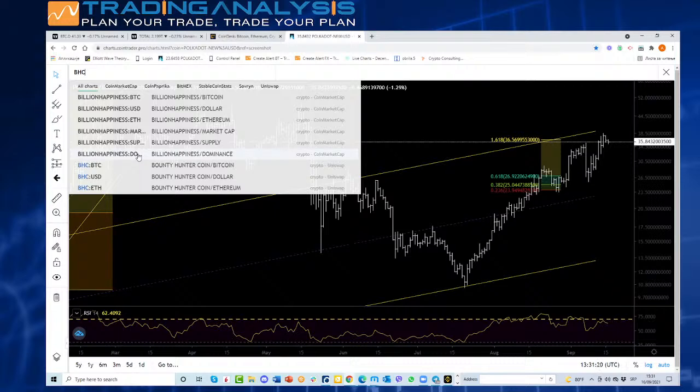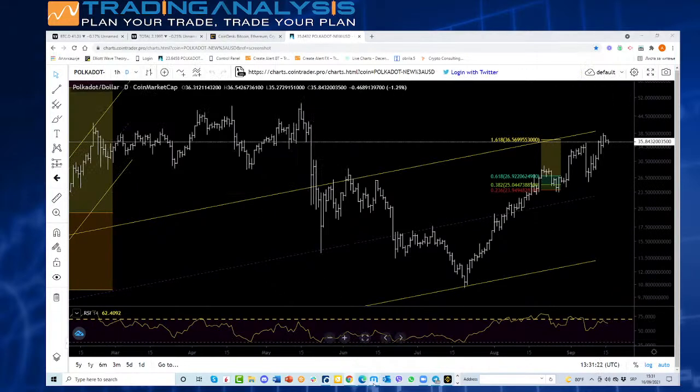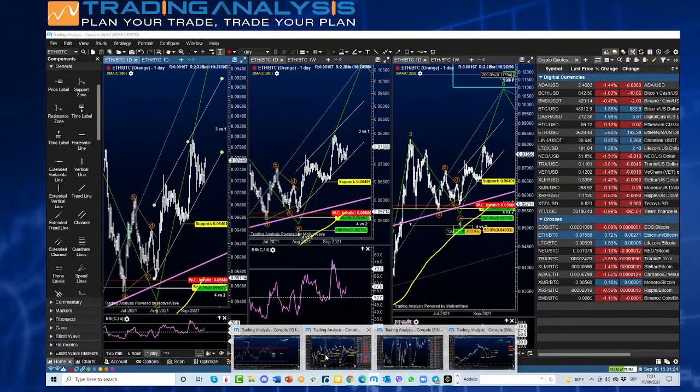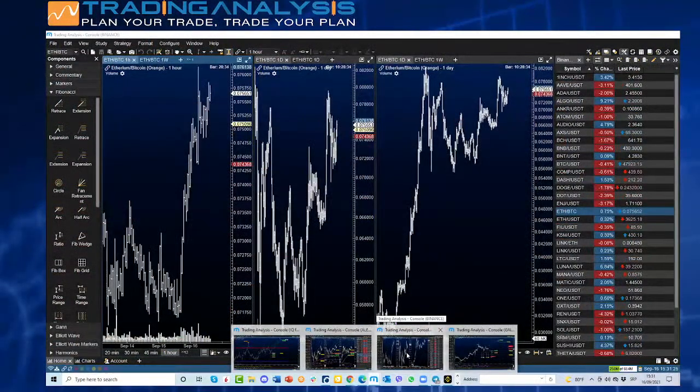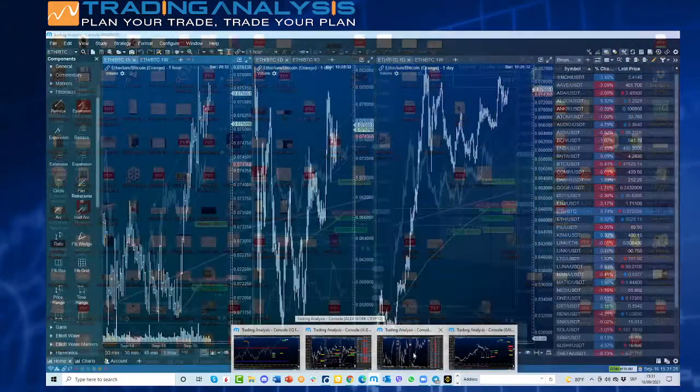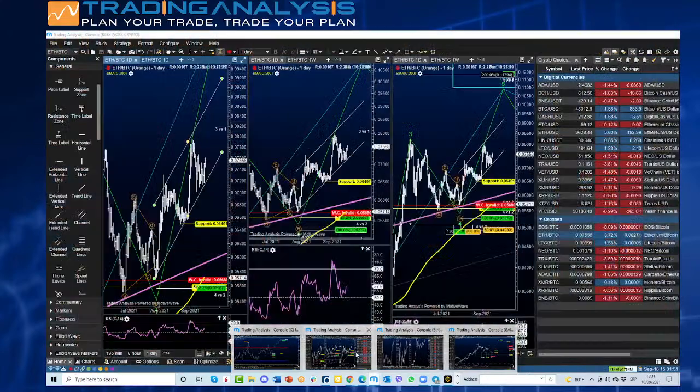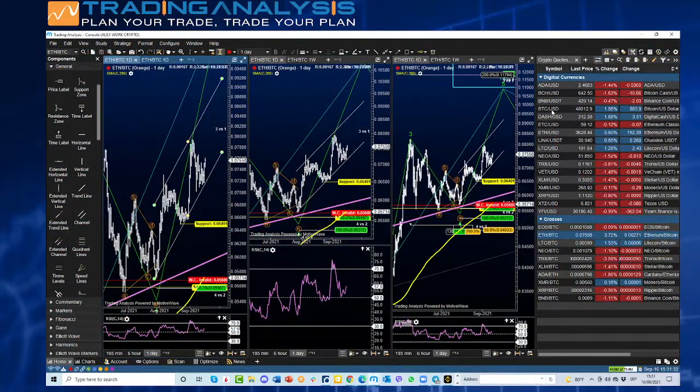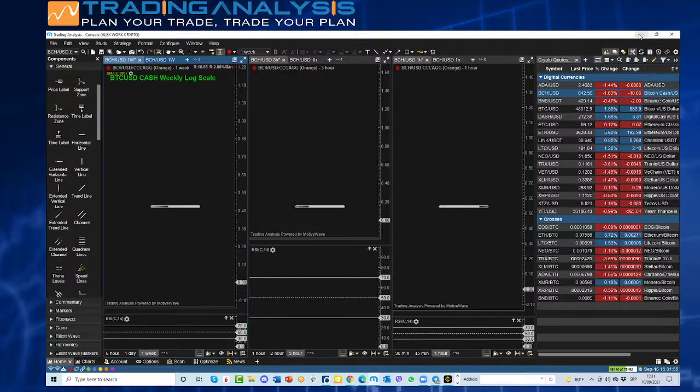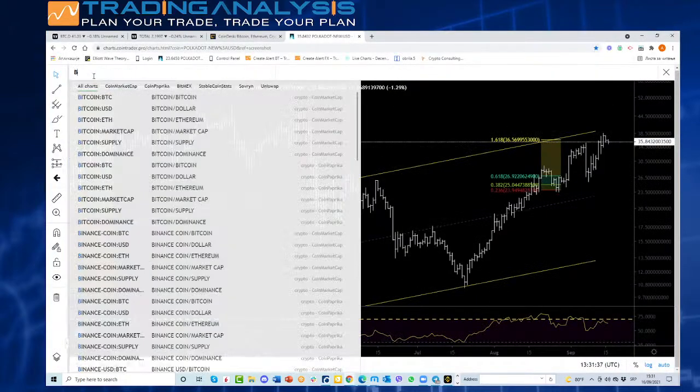BCH is the symbol, huh? I think it's that one. Let me just find it here. Bitcoin Cash, it's BCH.